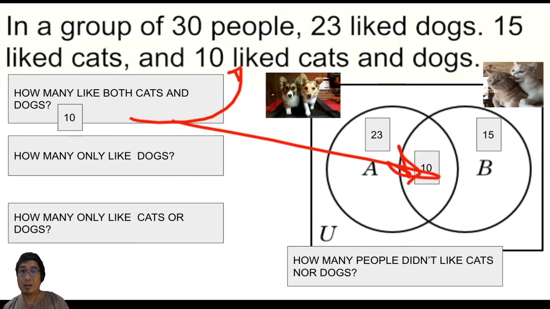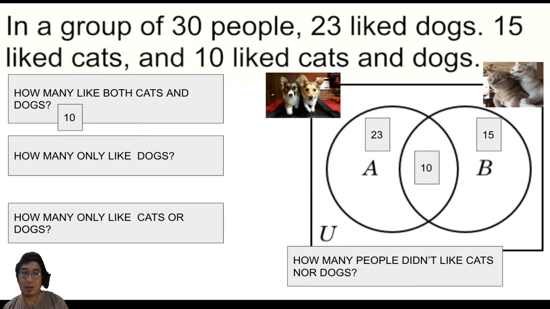Now, ang next question is, you can try to pause this video and then let's check if you have the same answer. How many only like dogs? Ilan lang daw ang may gusto sa aso? Now, how do we do this one? Let's check. Ang titingnan natin is, we have to know the difference. Right?